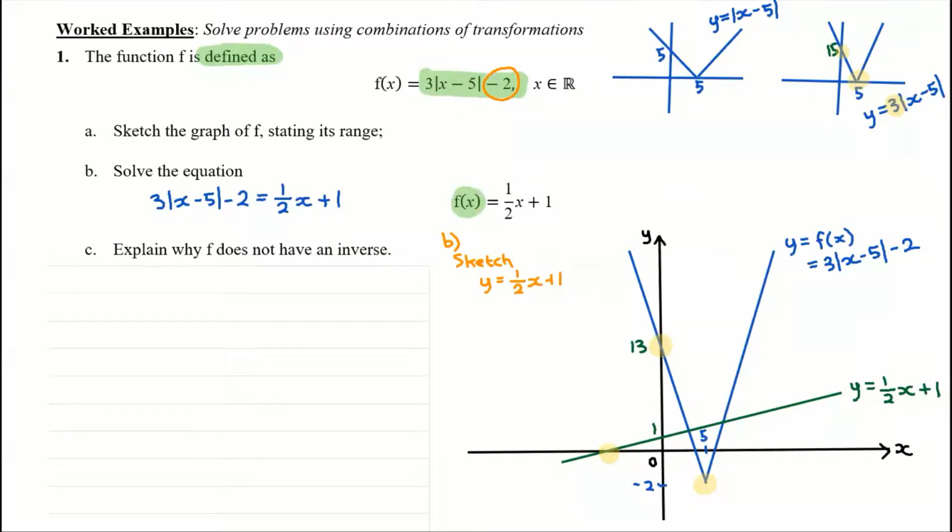We can see that there are definitely going to be 2 solutions to this equation. It's intersecting the negative branch here and the positive branch. So we can now set up 2 equations. I'll do that on the line section. You've got a little bit more space than I have, so use your space carefully.